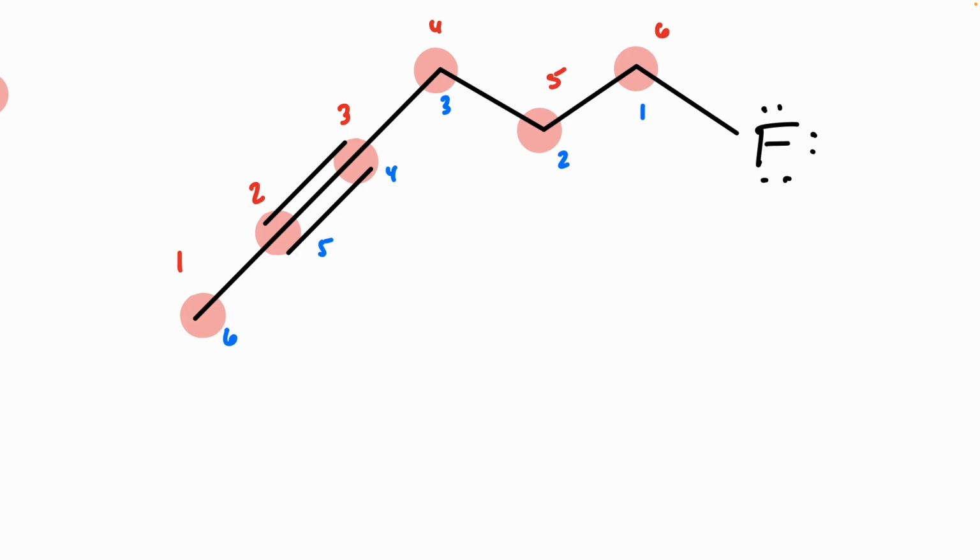And which one of these numbering schemes am I going to pick? Red or blue? Remember, the only thing I'm going to pay attention to is that triple bond. I don't care about my substituent, this guy over here, what we would call a fluoro group. The only thing I pay attention to is that triple bond.